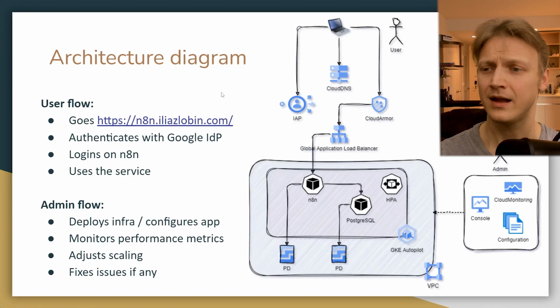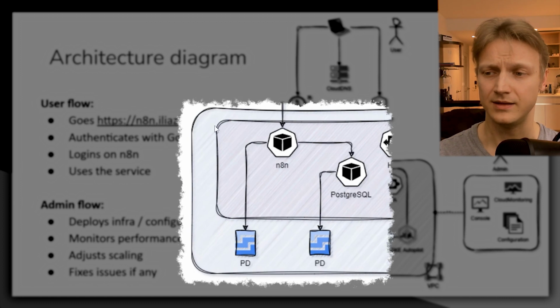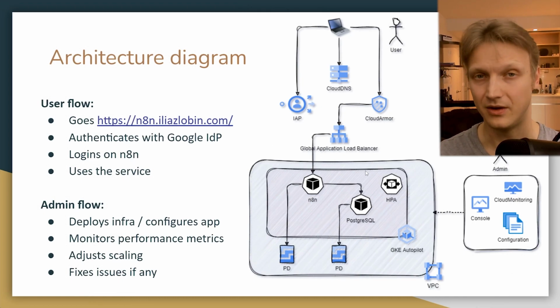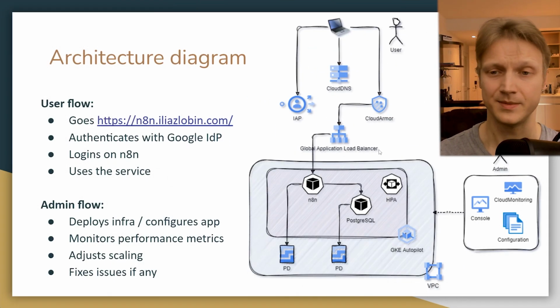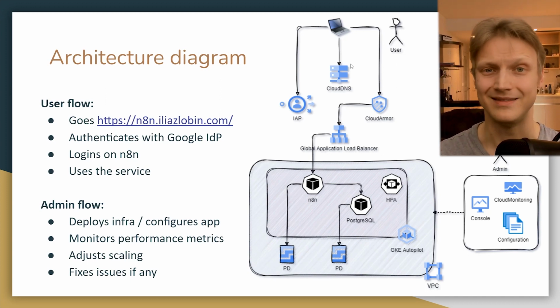Okay, if we go back to our initial diagram, we see that only this little block at the bottom is covered by those objects, whereas the upper side of the scheme is responsible for exposing the service to your users on the internet on a custom domain name in a secure manner. So those things are missing, though GKE in particular actually provides you with the capability to manage these aspects as well. A couple of things we've already done manually outside of the cluster will serve us well too. So let's get into the specifics.